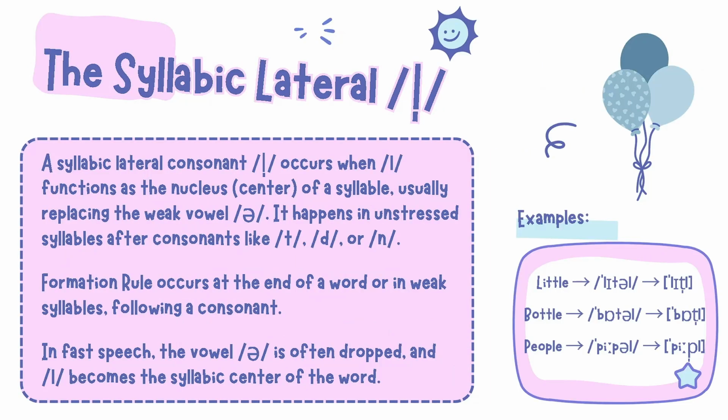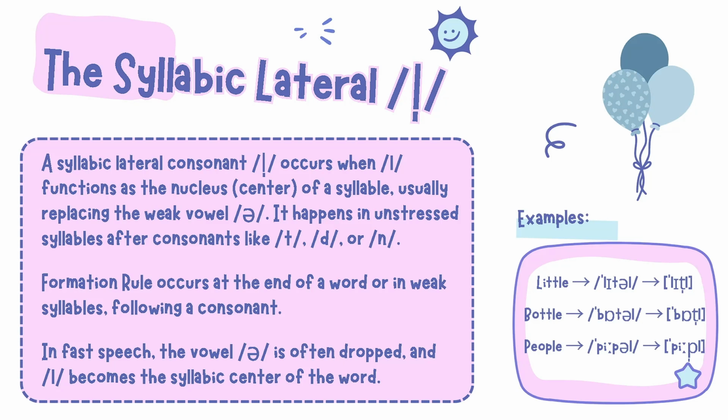The syllabic lateral l. A syllabic lateral consonant l occurs when the consonant is the nucleus, the center of a syllable, usually replacing the weak vowel schwa. It happens in unstressed syllables after consonants like t, d, or n.